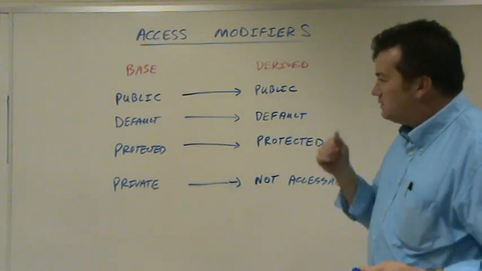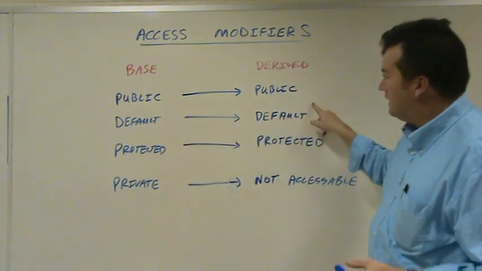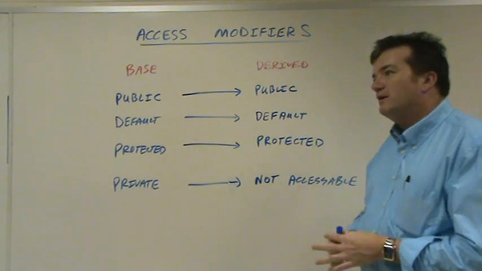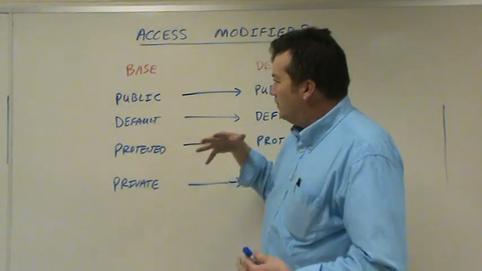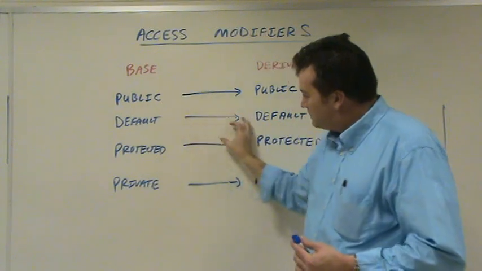Would you ever want to allow the access to the inheriting class to be changed? In other words, suppose you have a base class and it has a public field in it. Would you want to be able to say, I want to inherit it, but I want to move the public stuff somewhere else?